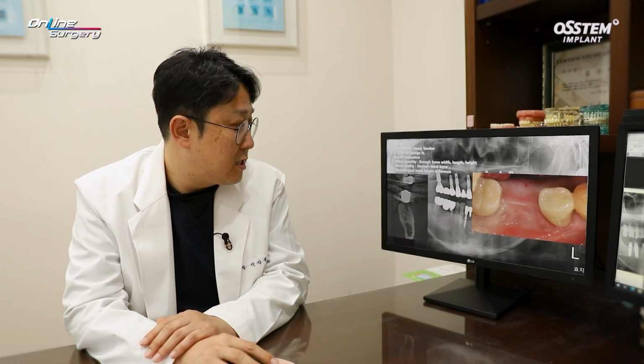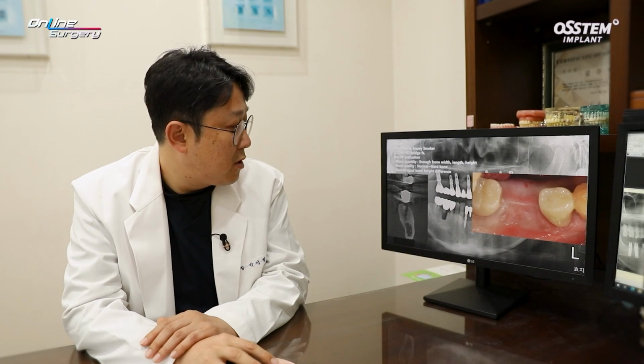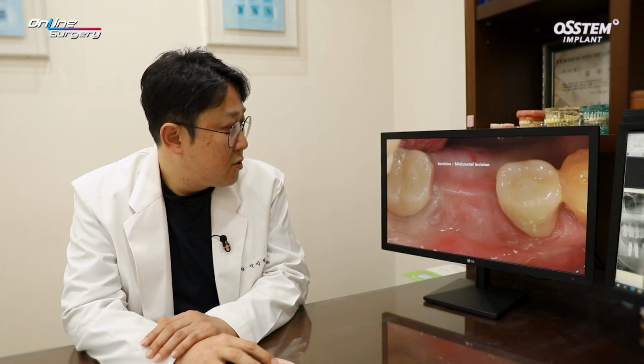Even though a little bit of thread is exposed, I don't think that would pose a major problem. So an implant would be placed according to the plan. A 5.0 by 8.5 implant would be placed.